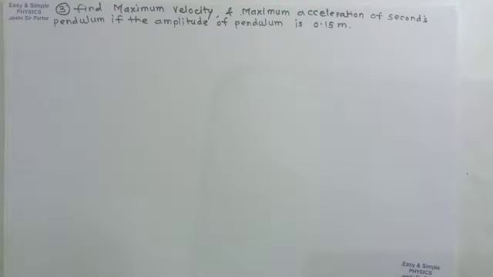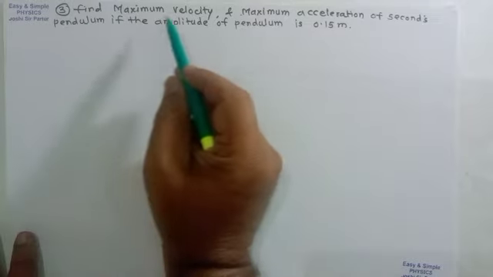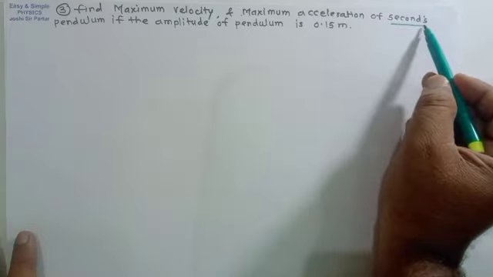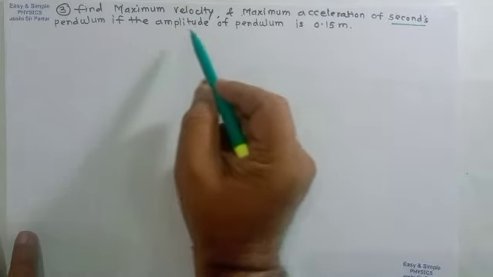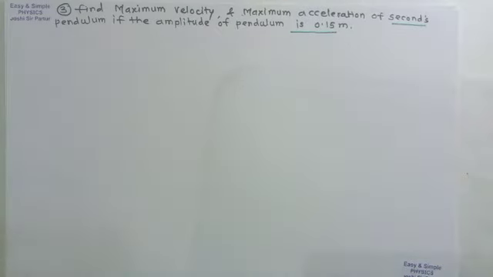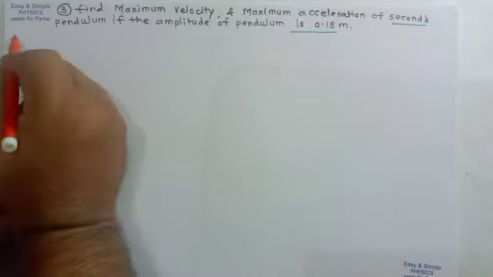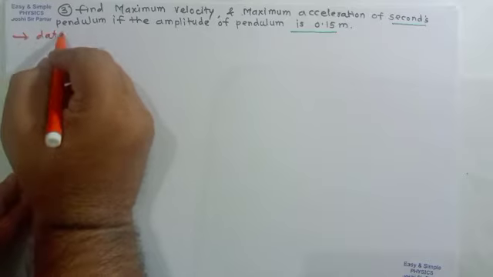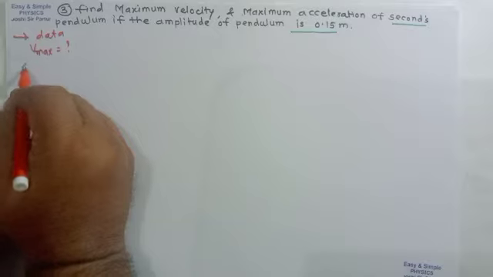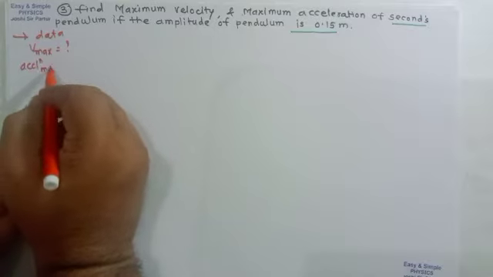Again, we can see the third example, that is find maximum velocity and maximum acceleration of seconds pendulum if the amplitude of pendulum is 0.15 meter. See here, data will be given. We can find out maximum velocity and maximum acceleration.